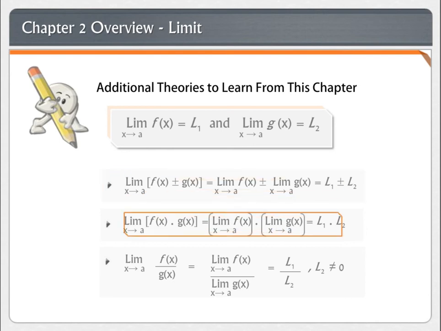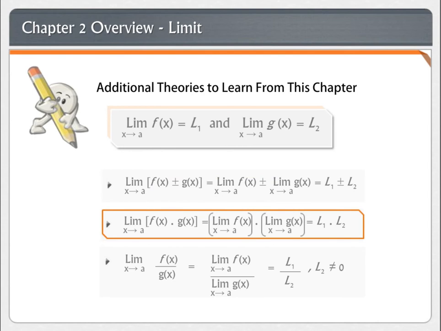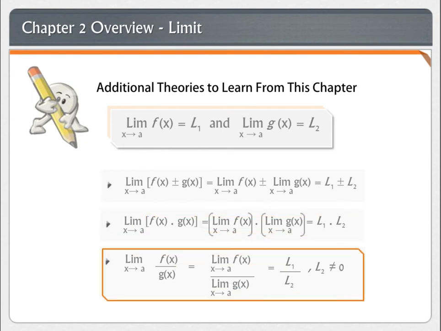Also, for the product of the functions, the limit when x approaches A for f of x times g of x is just equivalent to the limit when x approaches A for f of x times the limit when x approaches A for g of x. Also, for the quotient, the limit when x approaches A for f of x divided by g of x is equal to the limit when x approaches A for f of x divided by the limit when x approaches A for g of x.